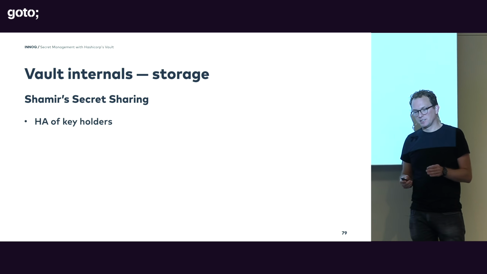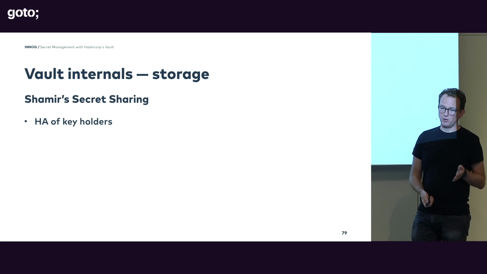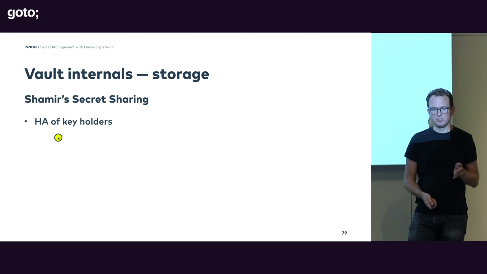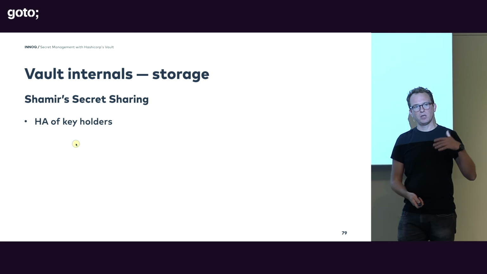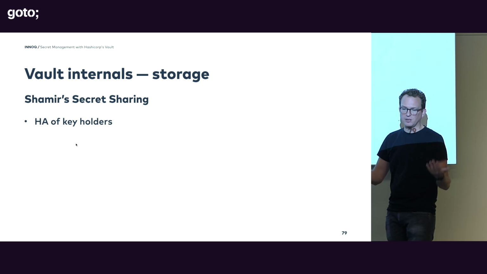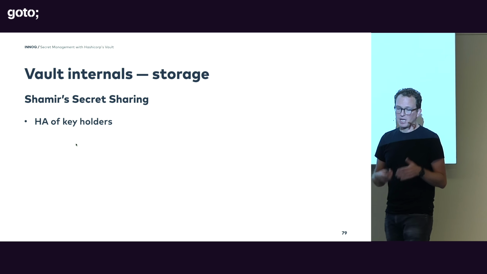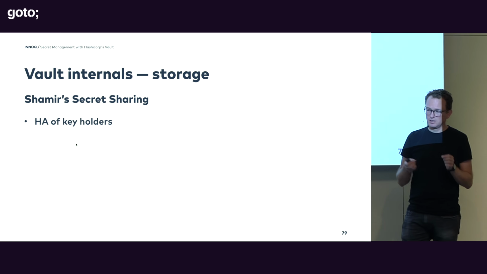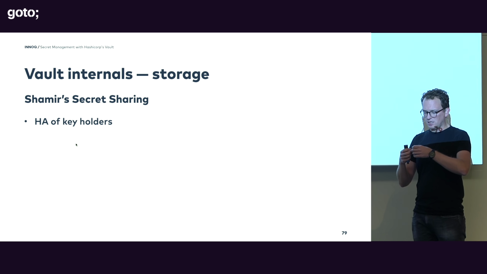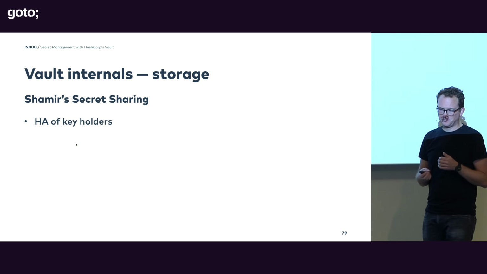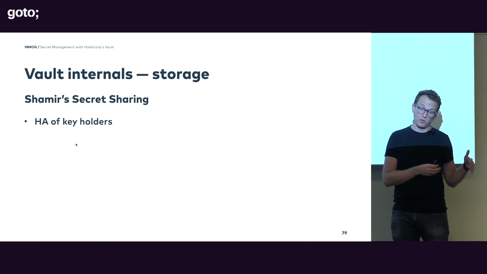The idea here is that you have high availability of key holders. Because every time you start a Vault instance, and if you have high availability mode you could have 5 instances of Vault, for example, you have to decrypt the master key. So that is per instance, not per storage backend.